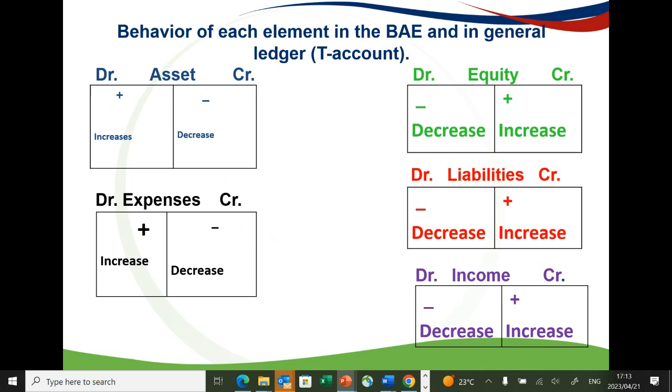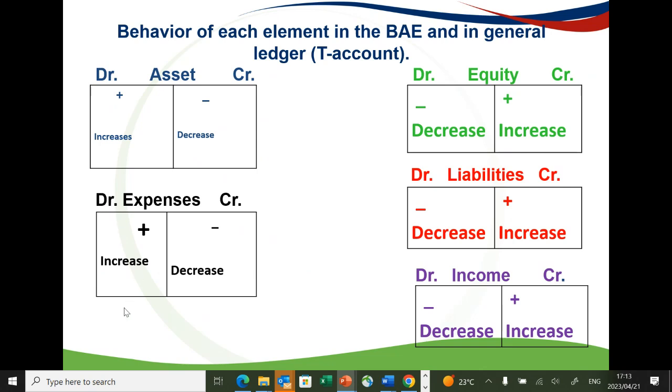So now you will know that today we are focusing on closing off procedures. So we're closing off all nominal accounts. When we say nominal accounts, we are referring to temporary accounts, those temporary accounts being income and expenses. Generally, expenses increase on the debit and they reduce on the credit. So when you have recognized the expense on the day the transaction took place, you'll have increased those expenses.